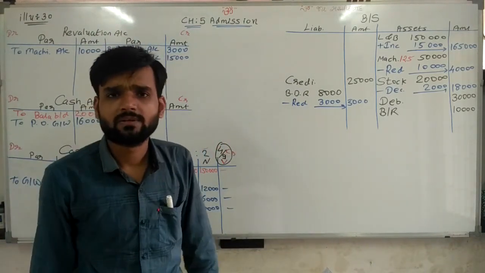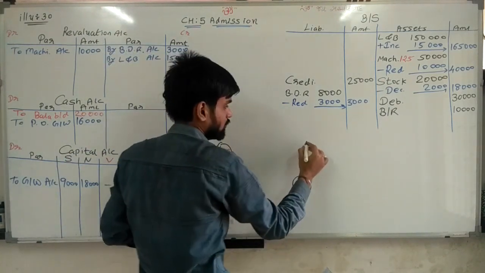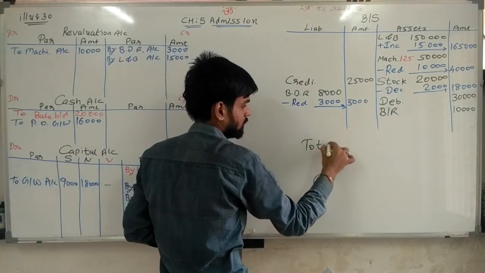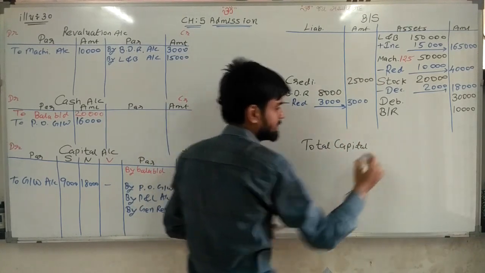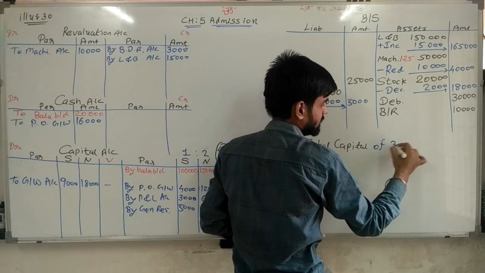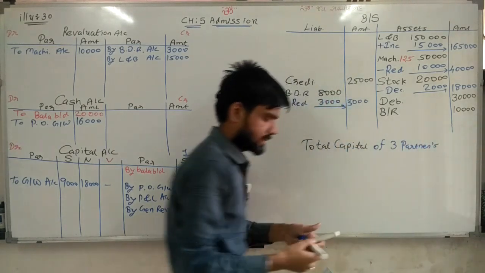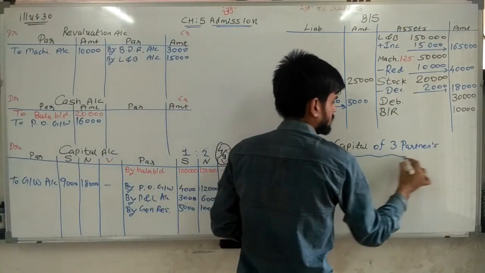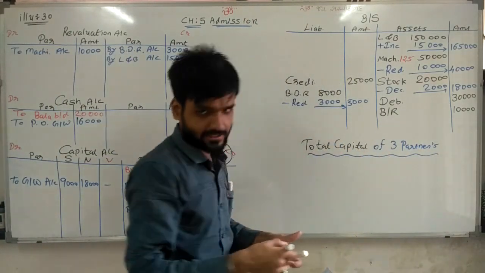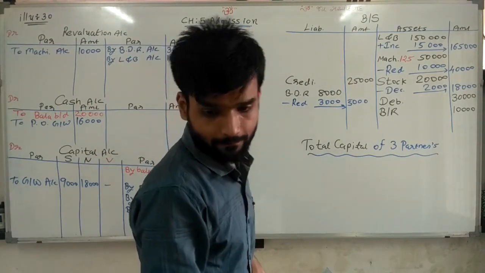Whenever it is given, it means the total capital of three partners. It means net capital. It means net asset. 50% of net asset is brought by the partner.